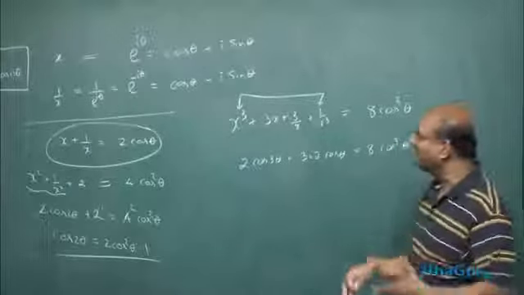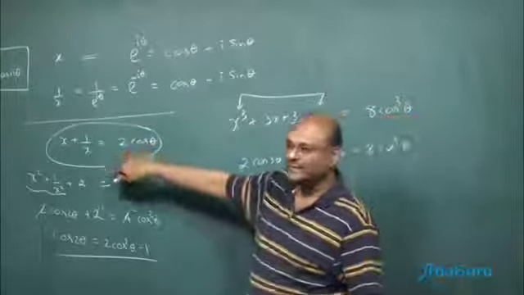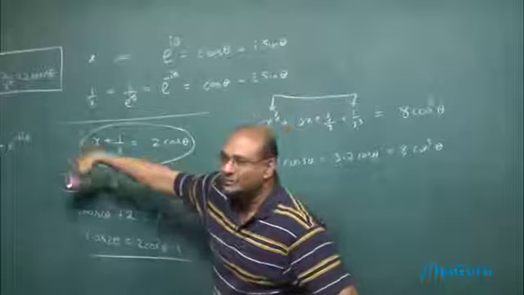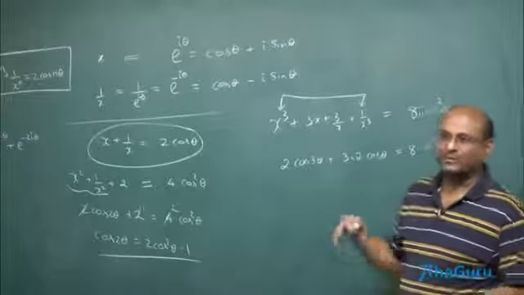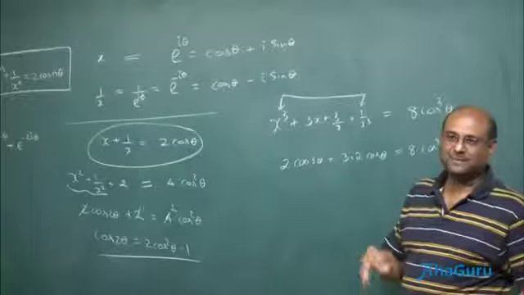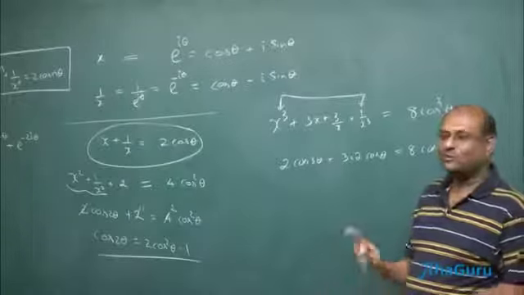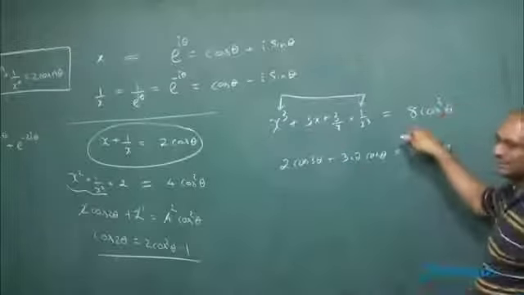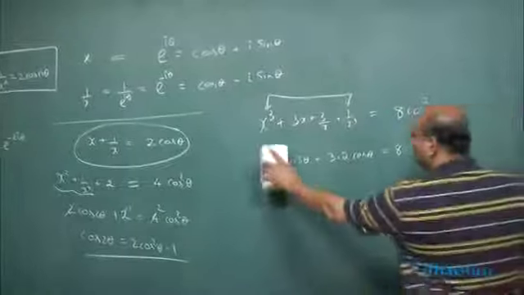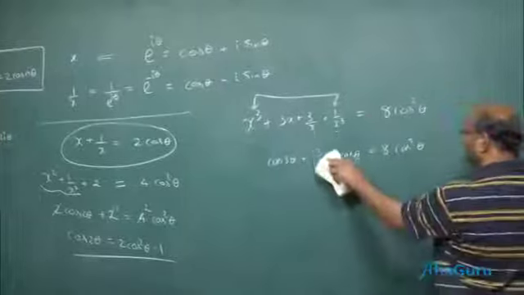Everything has a factor of 2 multiplied because there was a 2 there. Ideally what I should do is divide the whole thing by 2. But I think it's easier to remember it like this than to divide by 2 and remember. Half of x plus 1 by x is a possibility, but don't do half. Think of it this way. You will find that this is easier. I mean, how much more difficult is it to cancel out the factor 2? So anyway, let's cancel out the factor 2.